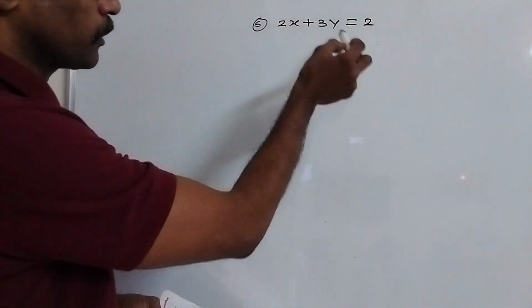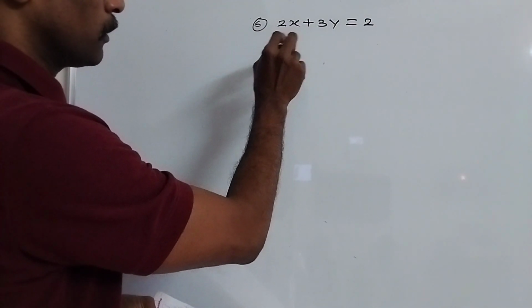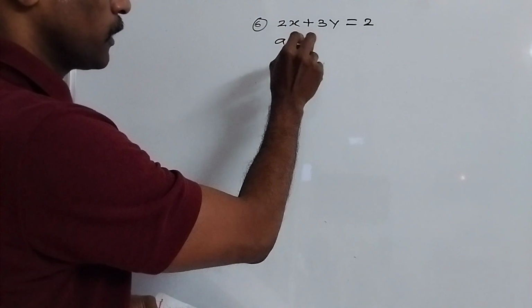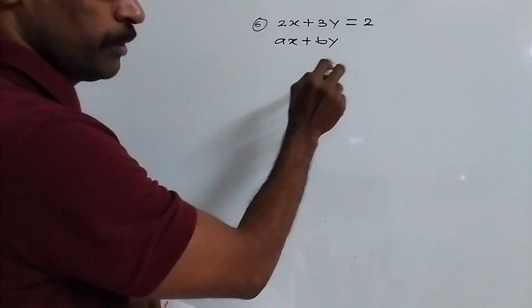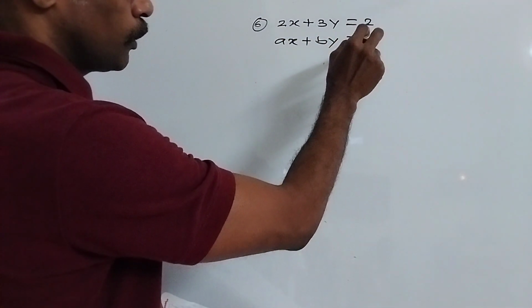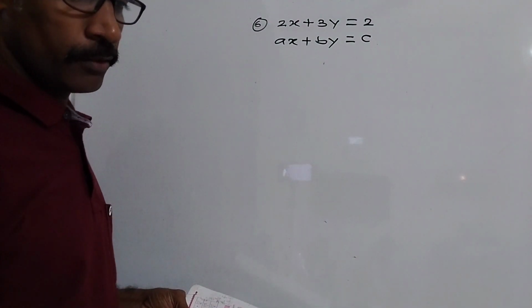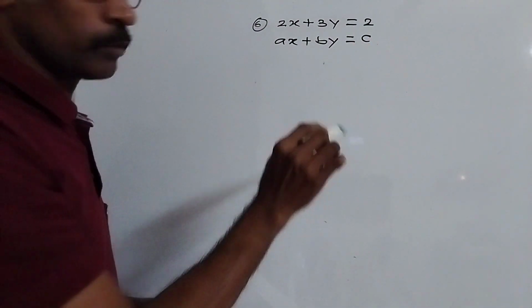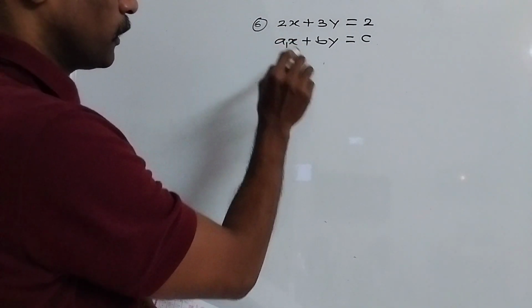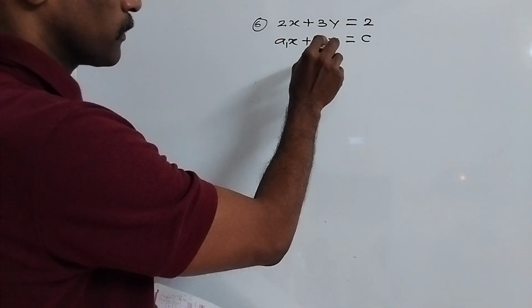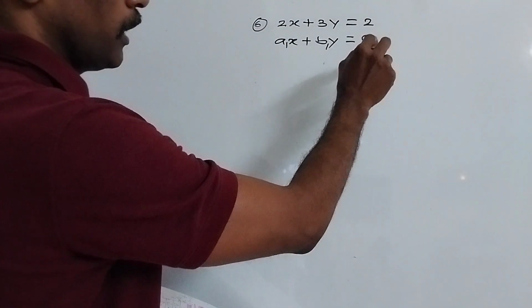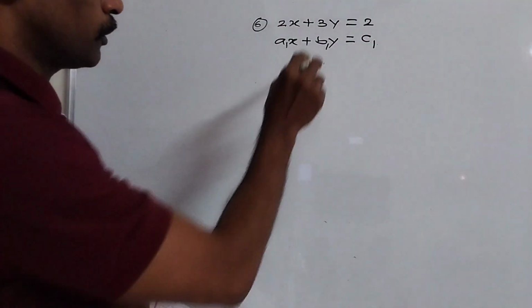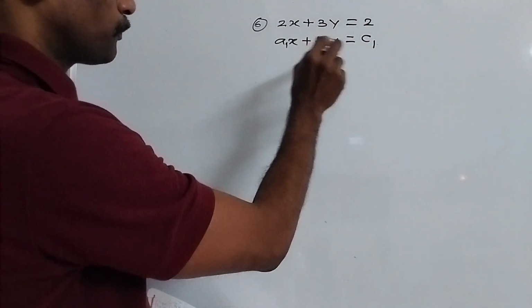Now we compare this with the standard form, ax plus by is equal to c. This is the standard form and general formula. Now we write here a1x, b1y and c1. Did you understand? We take it this way.